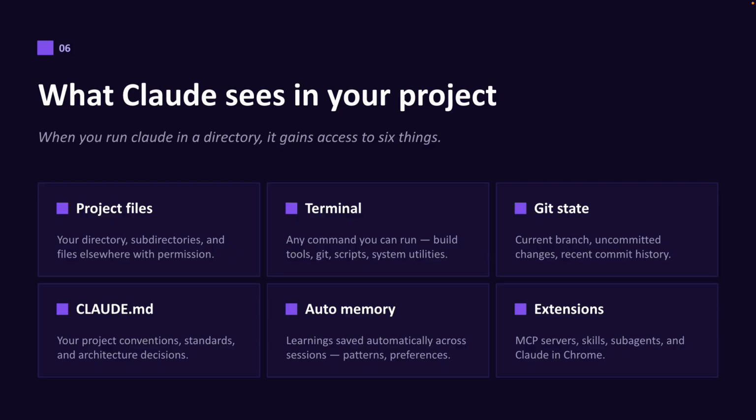The first 200 lines or 25 KB of memory, whichever comes first, load at the start of each session. Then extensions you configure: MCP servers for external services, skills for workflows, subagents for delegated work, and Claude in Chrome for browser interactions as well. Let's talk about context.